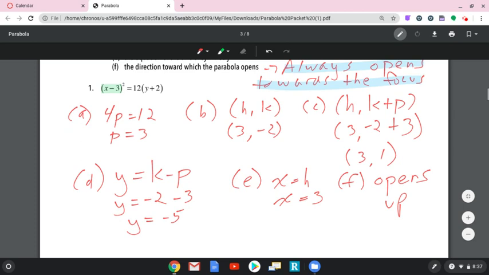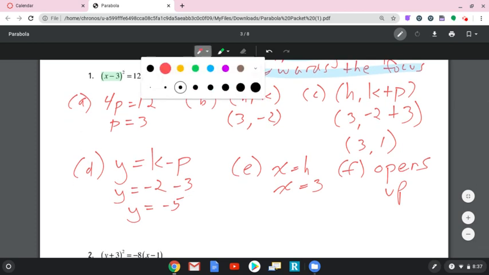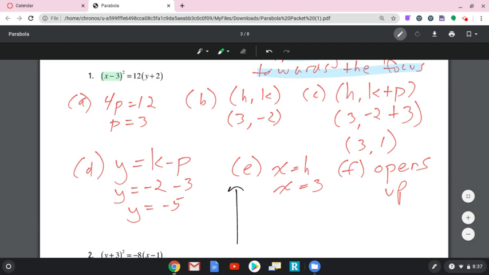So let's graph this. Take it step by step, nothing fancy. Okay, so I graph it. We just need the main things. Okay, I think I have to make it a little longer.